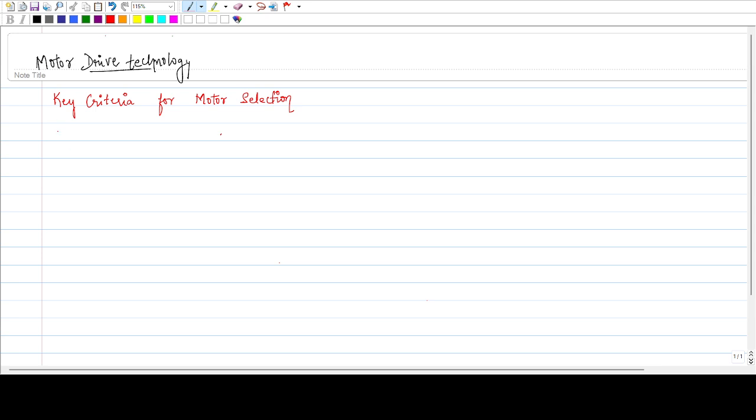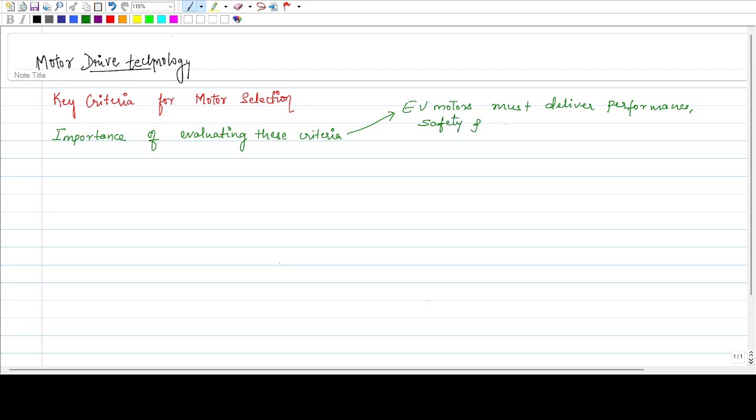The first point is to discuss the importance of these criteria. So, what is the main reason we need to discuss these criteria? First, EV motors must deliver performance, safety, and cost effectiveness.